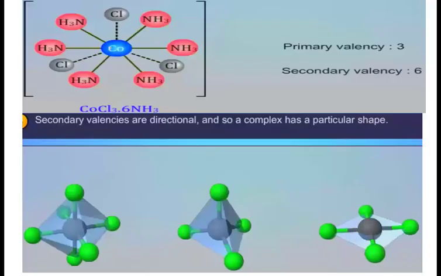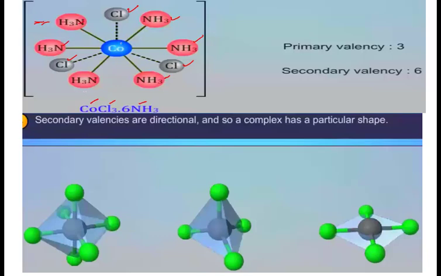Okay. You can see in this particular example, CoCl3.6NH3. Now the primary and secondary valencies are shown in this diagram. The dotted line shows primary valencies. That means these 3 chlorine atoms behave as primary valencies, whereas ammonia molecules show secondary valencies.